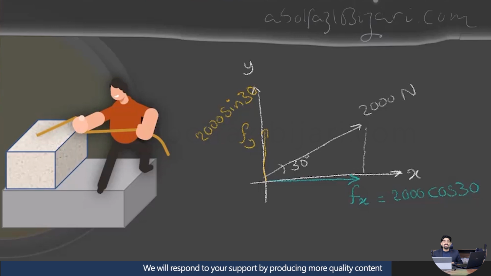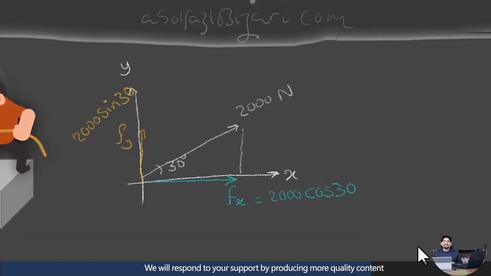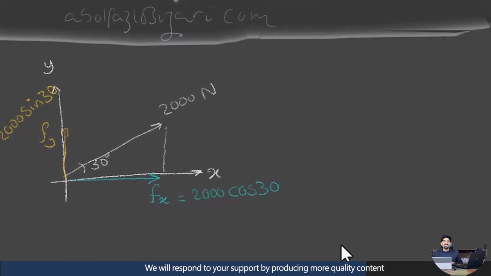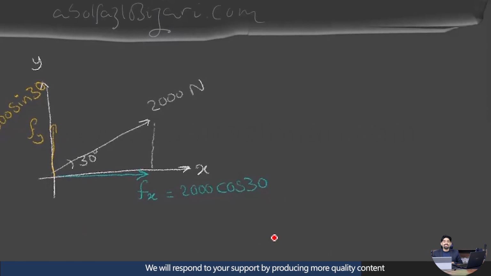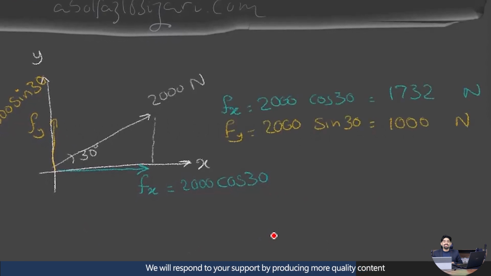The horizontal component of the force is 2000 cosine of 30 degrees, which is equal to 1732.